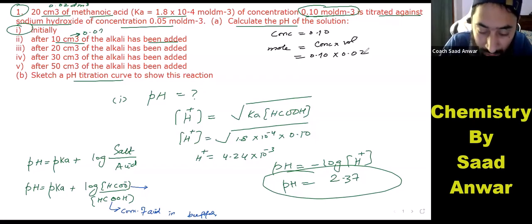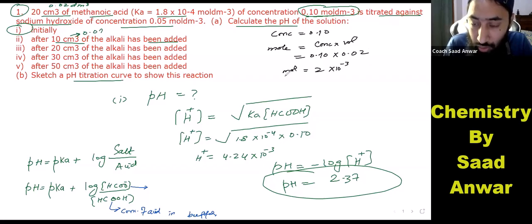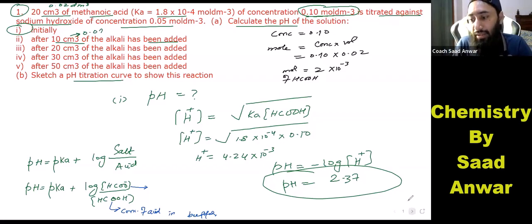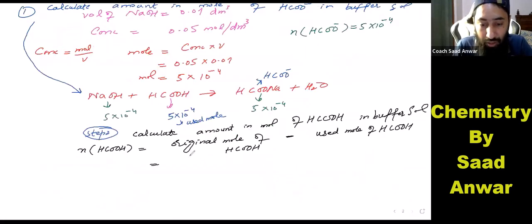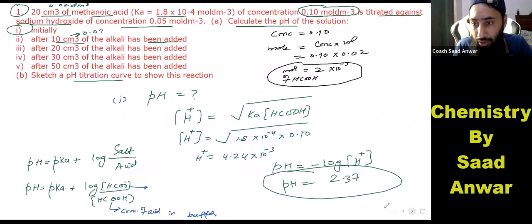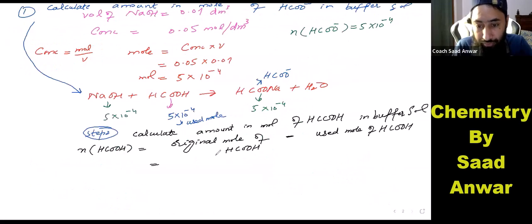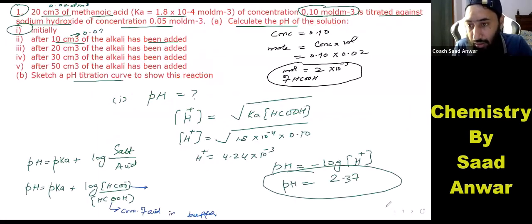If I multiply 0.10 times 0.02, I will be getting 2 into 10 raised to power minus 3. So this is the original mole of formic acid.